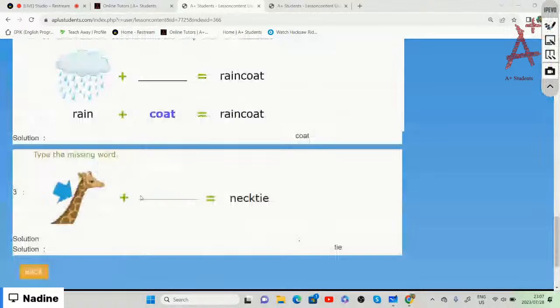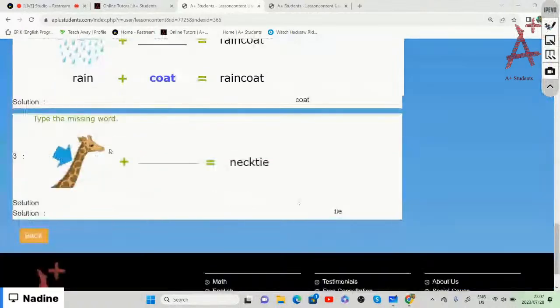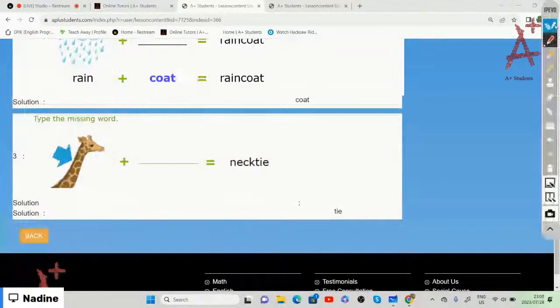All right, we see a giraffe, but they are only pinpointing to his neck. So it means that it is neck, because it's not the whole giraffe. They're only showing the neck part.